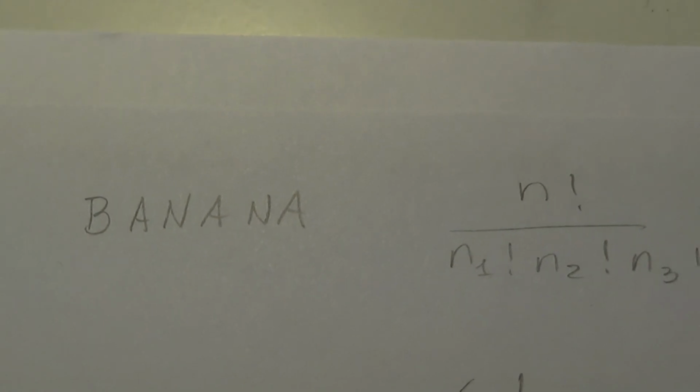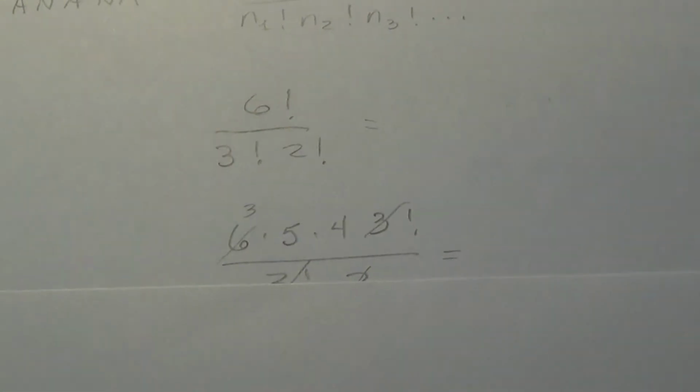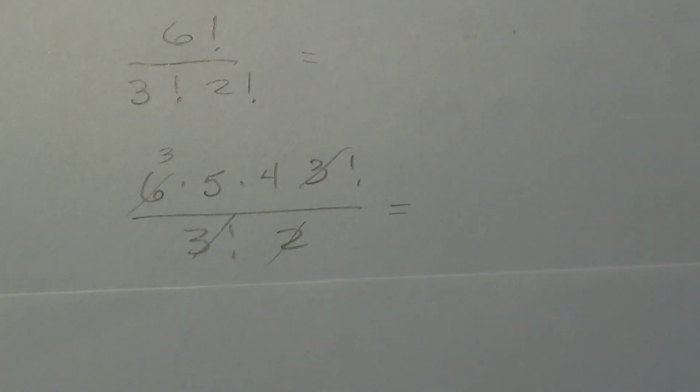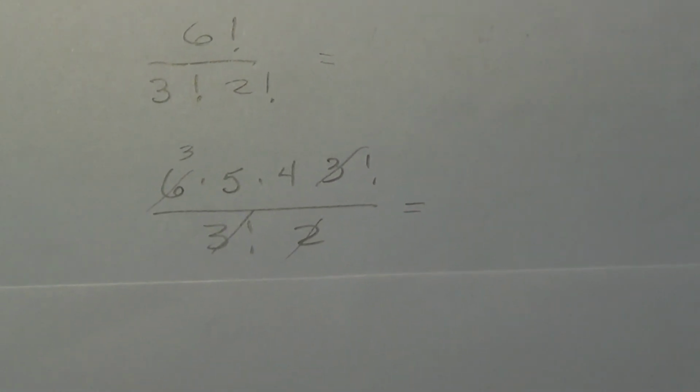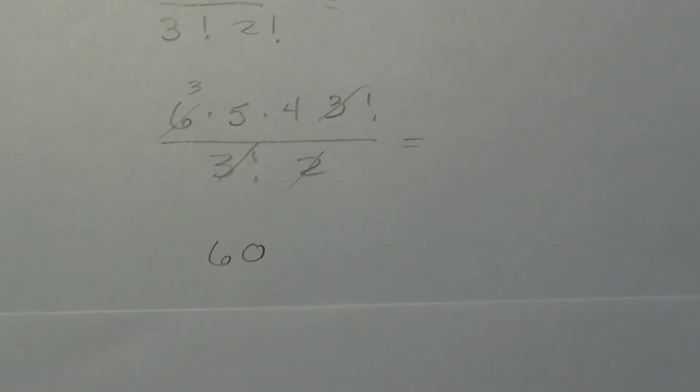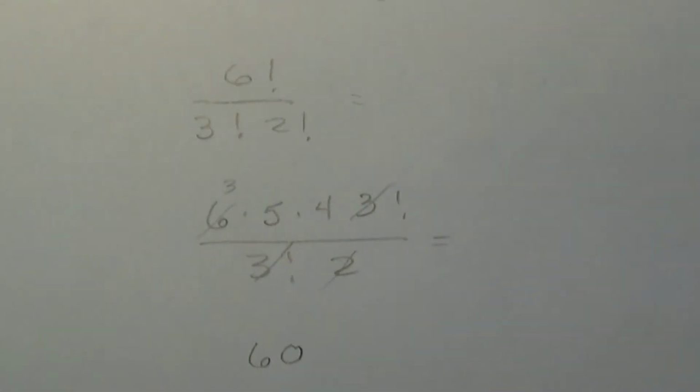There are 3 A's and 2 N's, so I put a 3 factorial for the A's and a 2 factorial for the N's. When I calculate that, the 3 factorials cancel, the 2 goes into the 6 three times, and that leaves 3 times 5 times 4. So we get a total of 60 different distinguishable permutations from the letters in the word banana.